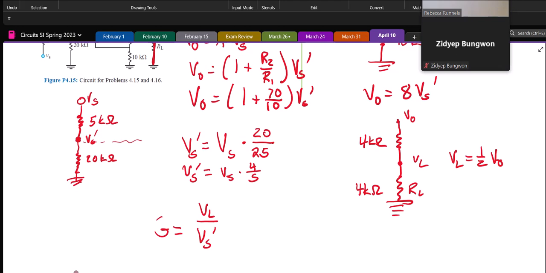So I have enough here if I just put it in the right order. So VL is 1/2 VO. VS prime is VS times 4/5. That's not what I want.